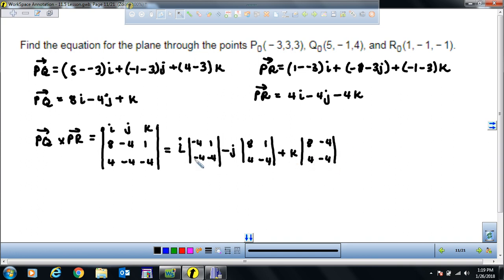That will give us the following. So my vector PQ cross vector PR, I'm going to call this a normal vector, so I'm going to call it vector n.